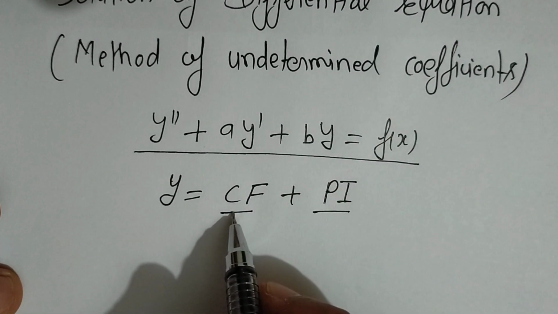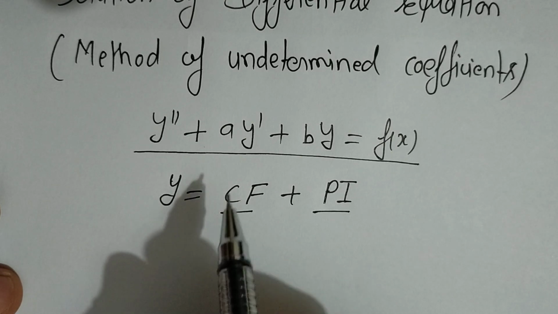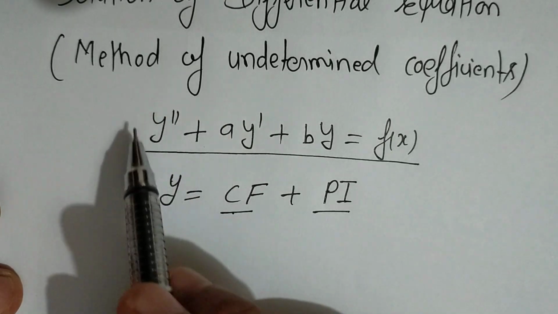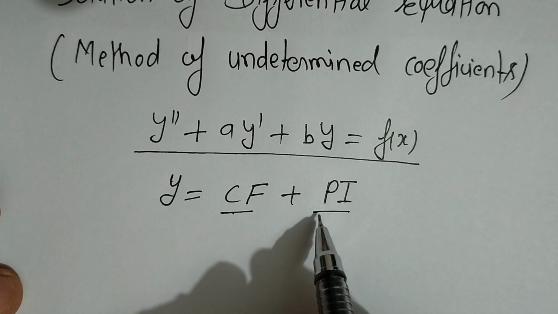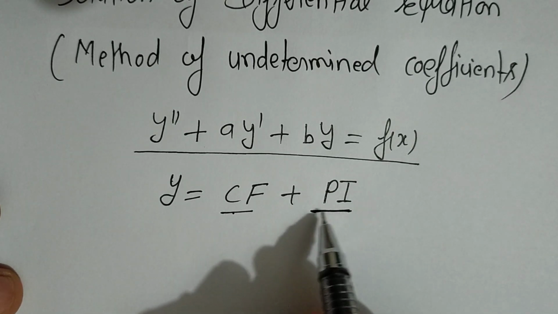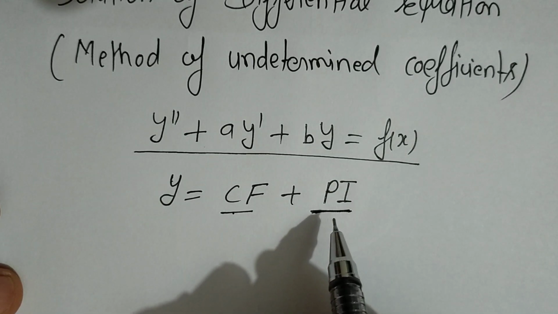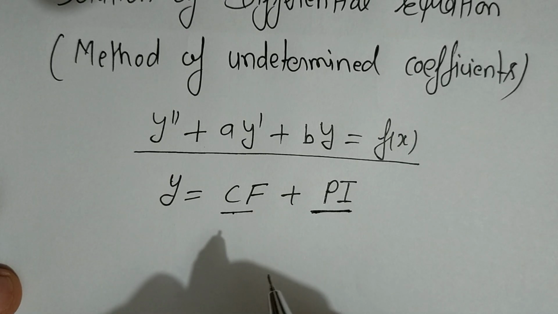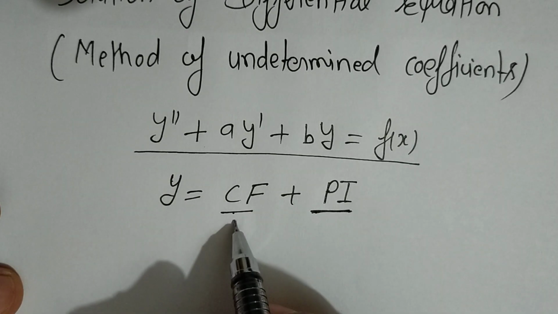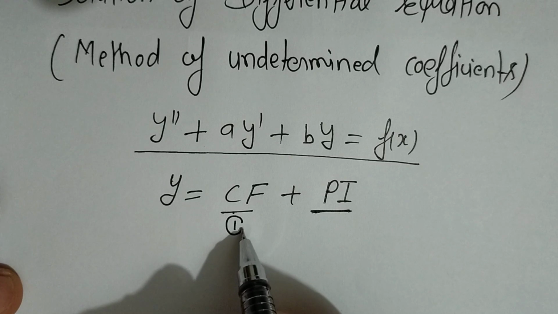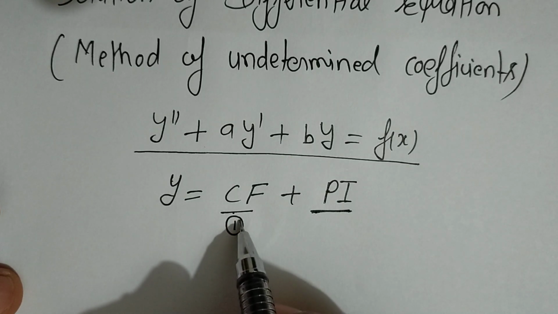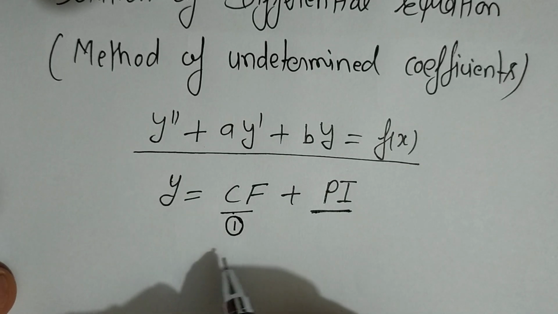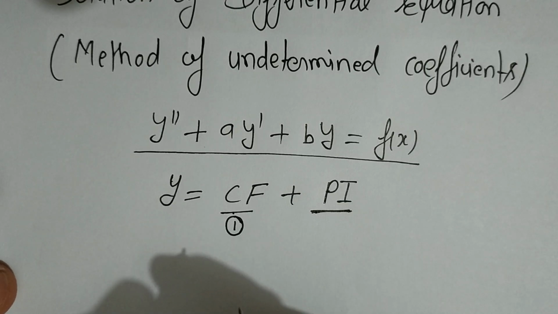So this complementary function is solution of homogeneous part of this differential equation, and the particular integral we will try to find using method of undetermined coefficient. The first part I have already discussed in the previous video, so please refer to my previous video for finding the complementary function.